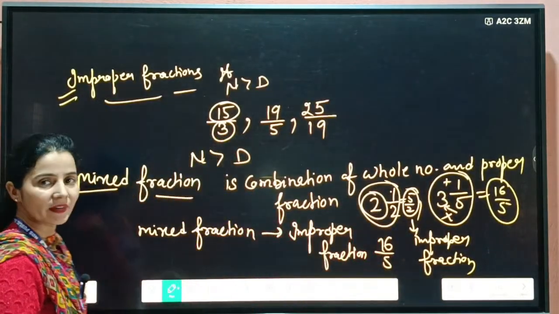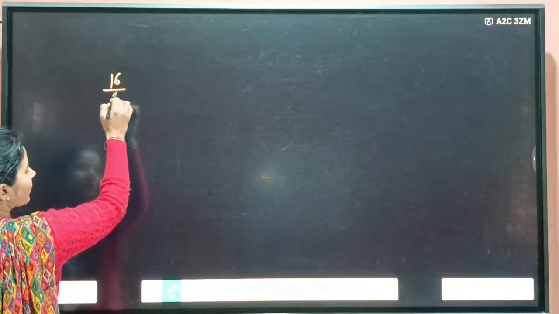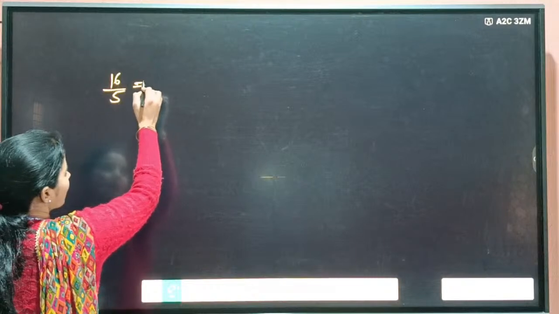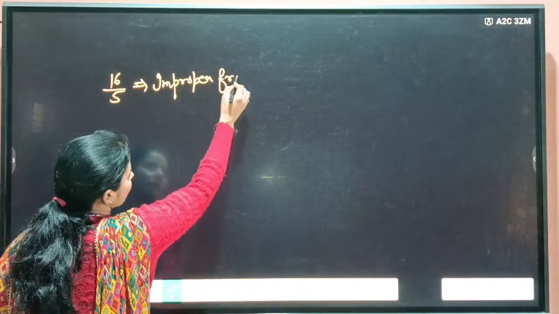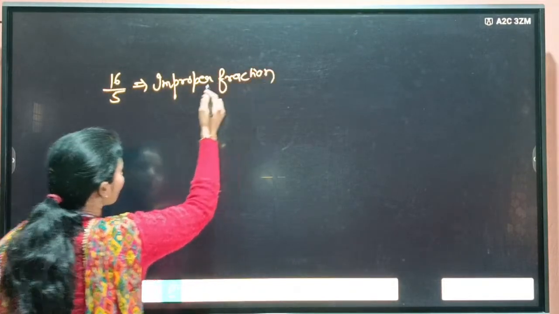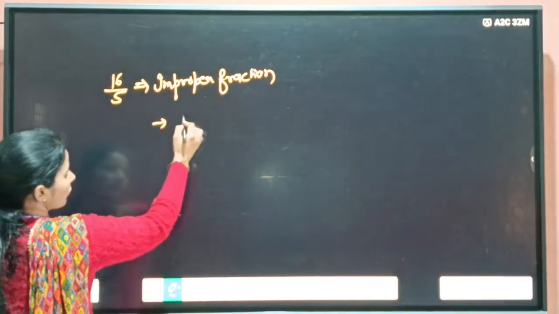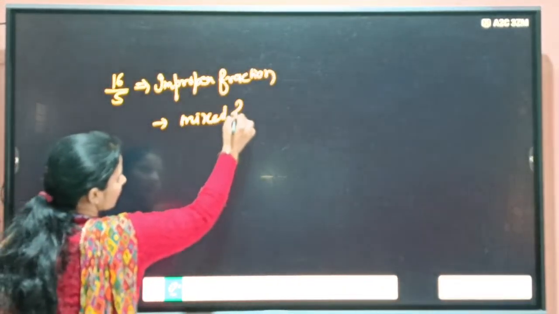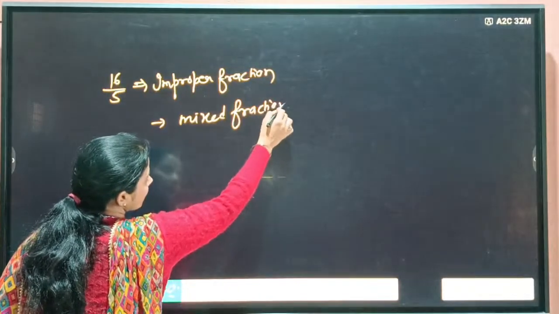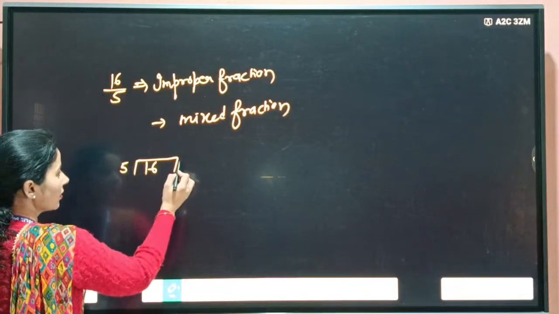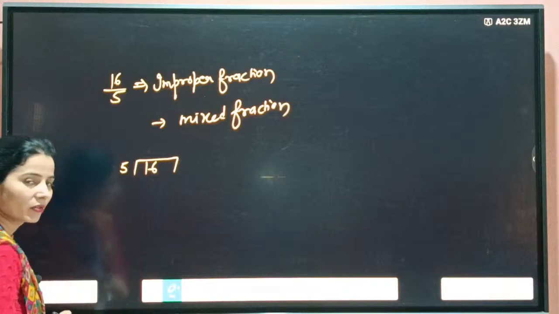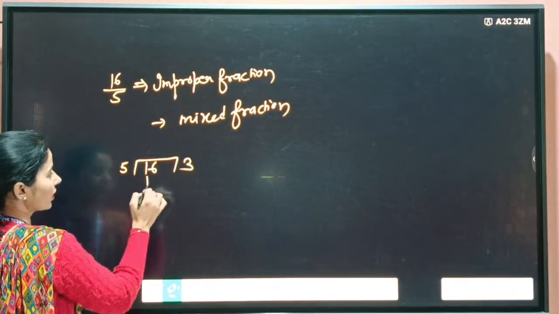Now, if an improper fraction is given to us, then we can convert it into a mixed fraction, like 16 by 5. This is an improper fraction. Now we have to convert this into mixed fraction form. How will you convert it? 16 is divided by 5. 5 threes are 15.